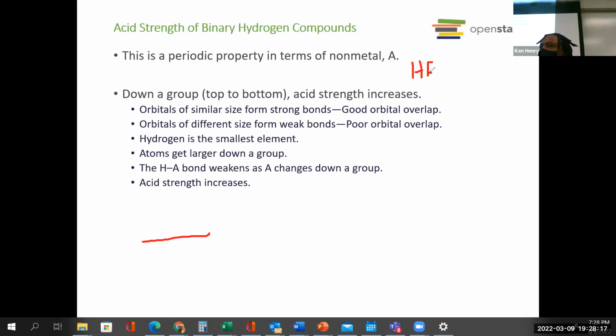Remember, I told you fluoride is like that bully that's like, you want to go to the bathroom? No, you can't, right? And so as we go down the periodic table, those acids get stronger. Hydrobromic acid is stronger than hydrochloric acid, because hydrobromic acid is easier to pull off. So does that make sense?